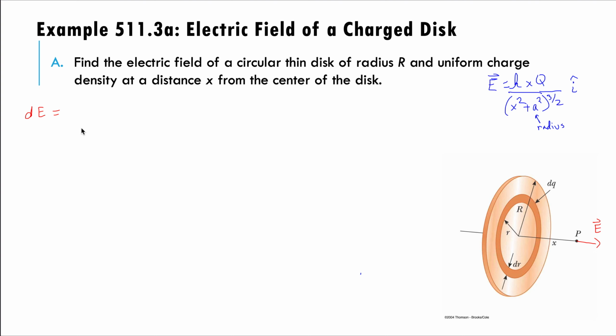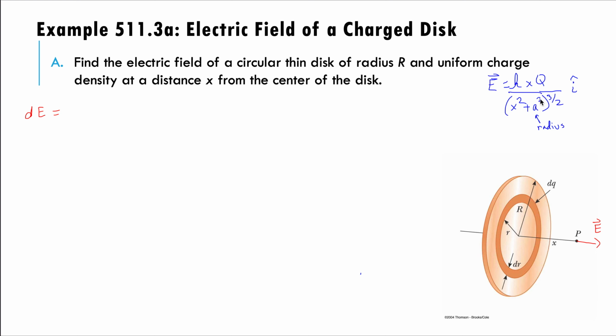This time, we're going to find the contribution of one of these rings. So the dQ is not going to be a tiny little element. The dQ is going to be the whole ring. So that means instead of using KEQ over R squared, we're going to use our result from the previous video.